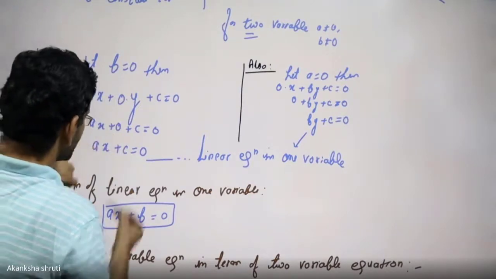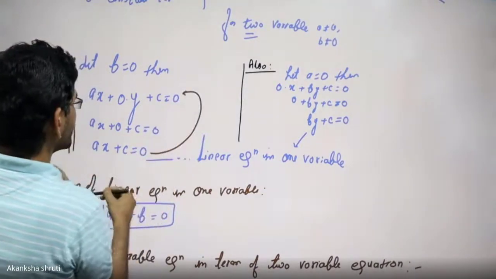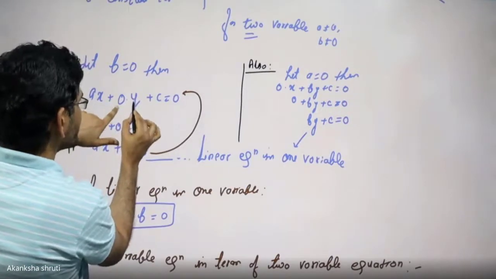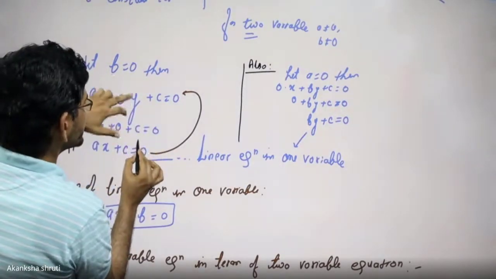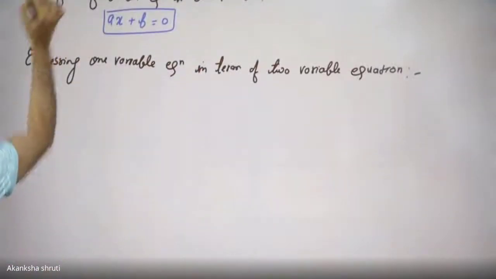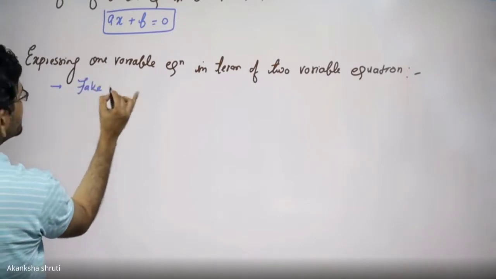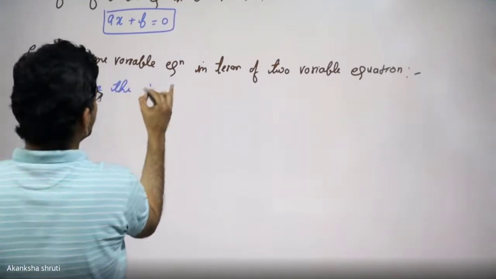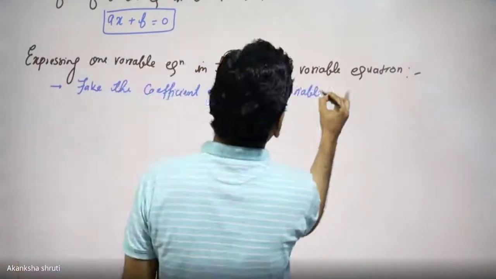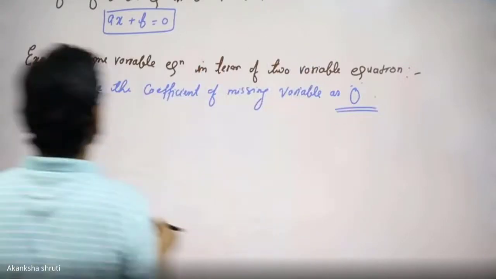Therefore, even this one variable equation can be written in this way. Means the missing variable, their coefficient we have to take as 0. So write down that concept here. For this, take the coefficient of the missing variable as 0.